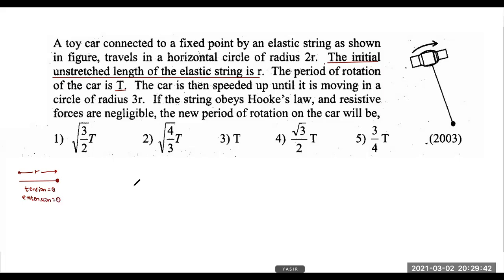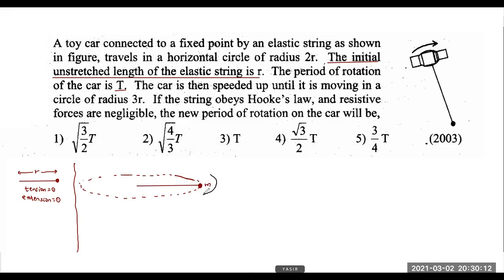Okay, right. Now, first circular motion. What is happening there? When the object is performing circular motion, the string is stretched to a length of 2r. So let's take the mass as m, and it's performing circular motion like this.